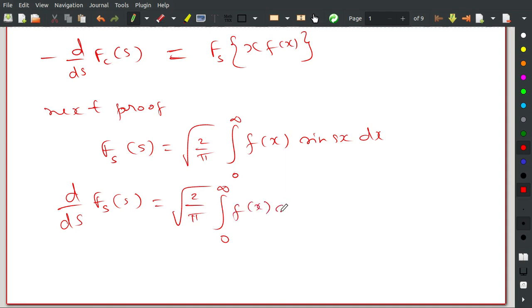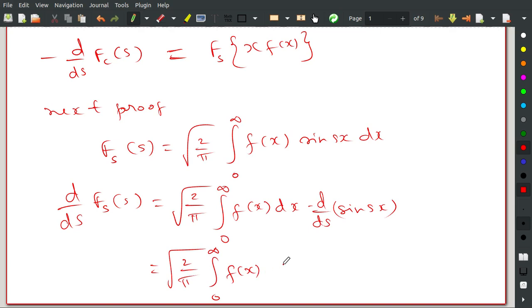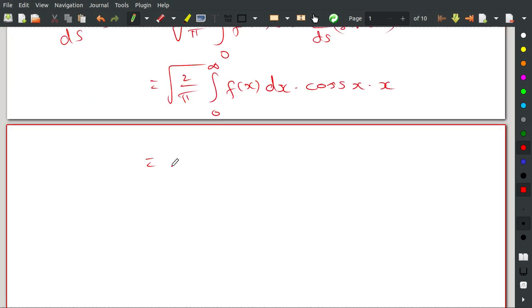Therefore we have f of x dx into d by ds of sine sx. Okay, and the differentiation of this function gives root 2 by pi integral 0 to infinity f of x dx into cos sx into x. Okay, and this is nothing but root 2 by pi integral 0 to infinity x f of x cos sx dx.